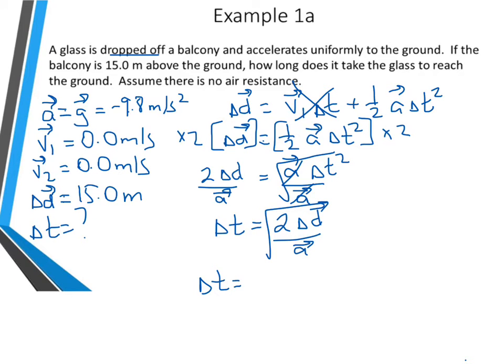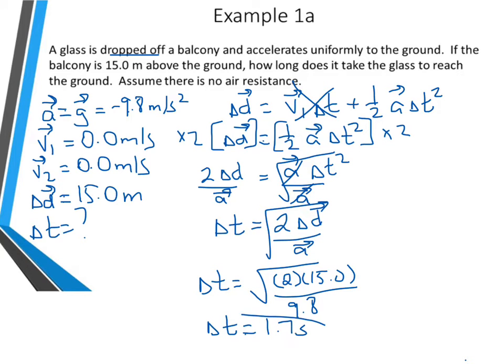We'll now sub in our information. And again, if you want to leave the units out, that's fine. We want to round so that we have 2 significant digits, so we get 1.7 seconds.